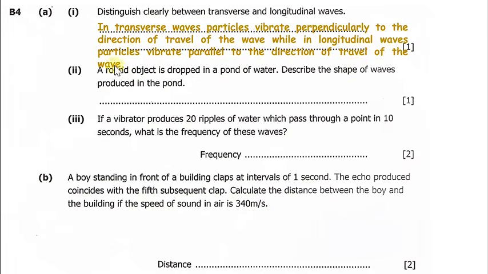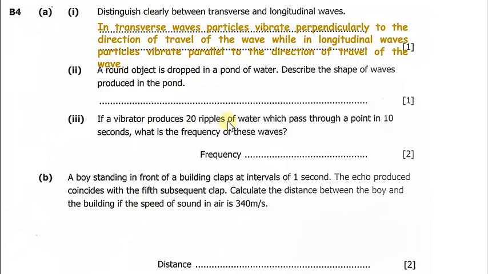Then two, they are saying a round object is dropped in a pond of water. Describe the shape of waves produced in the pond. Okay, you get a round object, you drop it in a pond of water, then you see the waves will be in a circular form.